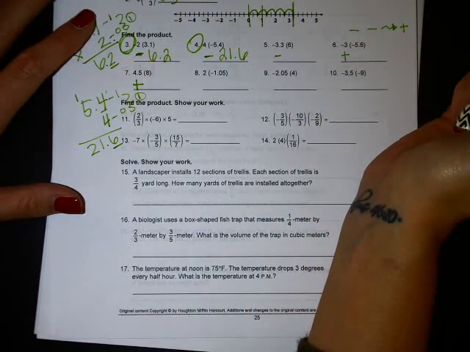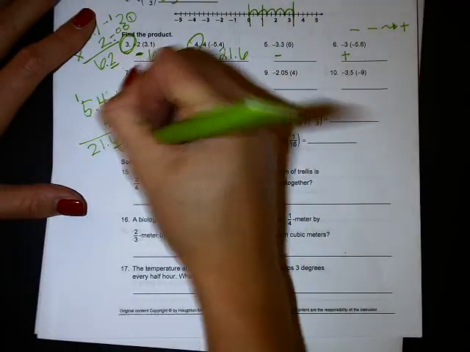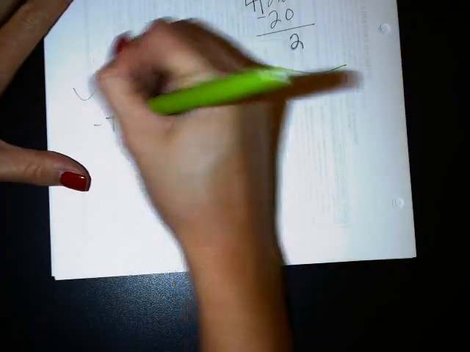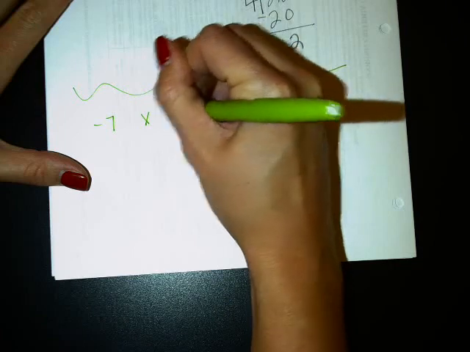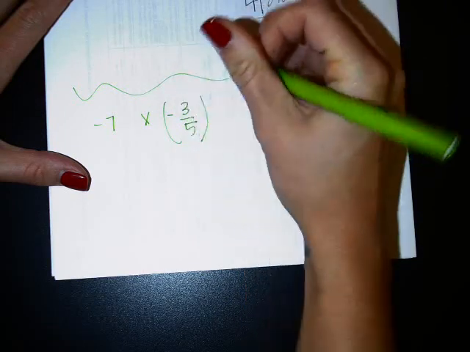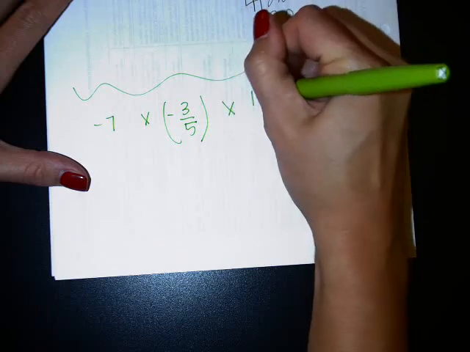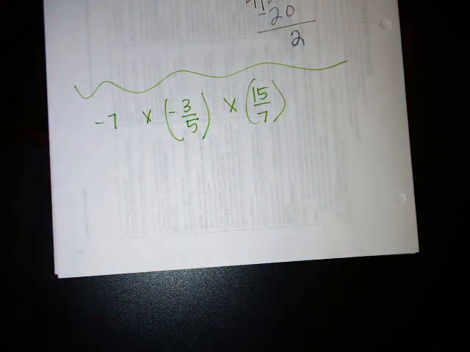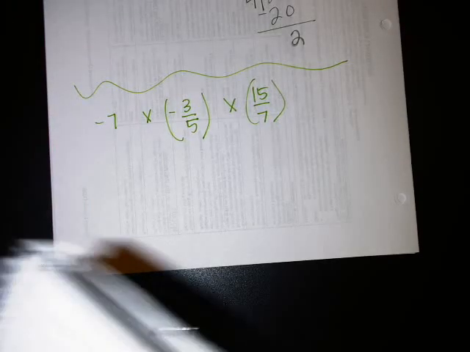Okay? A fraction, let's do 13 together, and I'm going to move to where I've got some more room. So this is a -7 times a -3/5, let me have that in parentheses, times 15 over 7. So when I multiply fractions, and good news, you've got notes on that too.